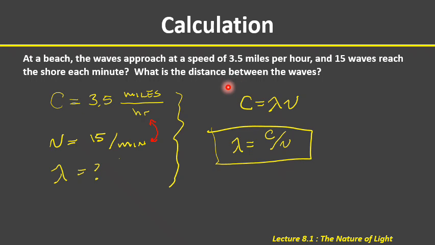And if you've been to the beach, you know they're fairly close together, so reporting the distance in miles doesn't make a lot of sense. Feet would make more sense. So I'm going to convert the miles into feet and the hours into minutes. We'll do both of those conversions before we do the math.